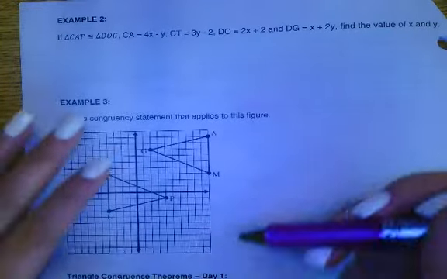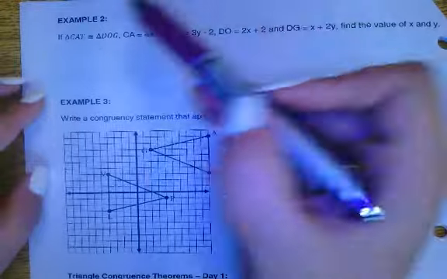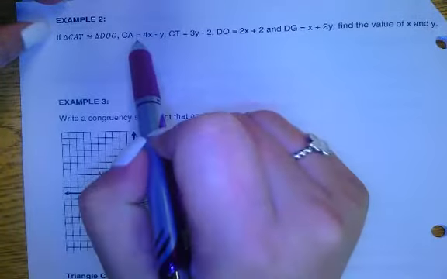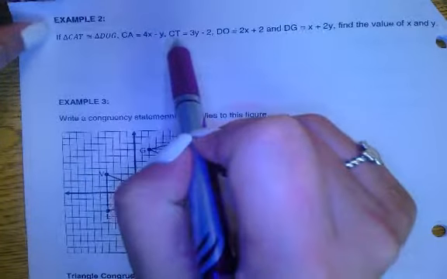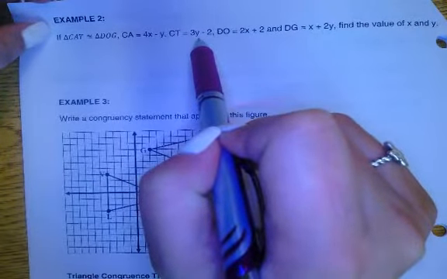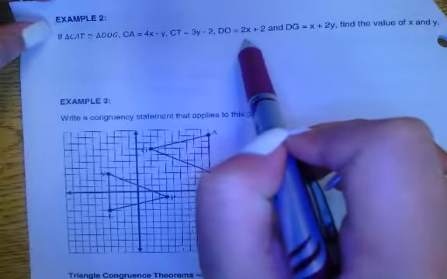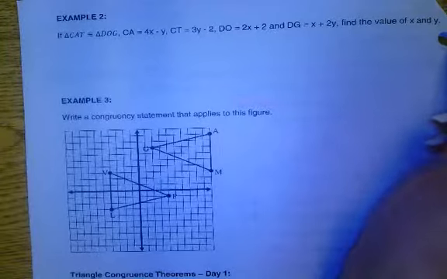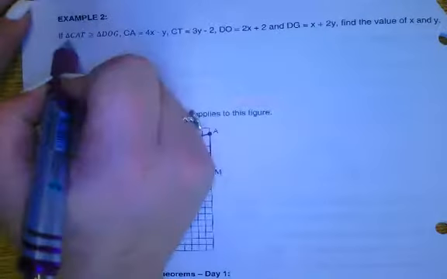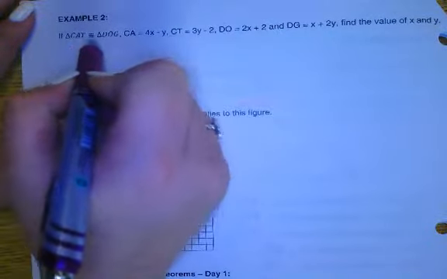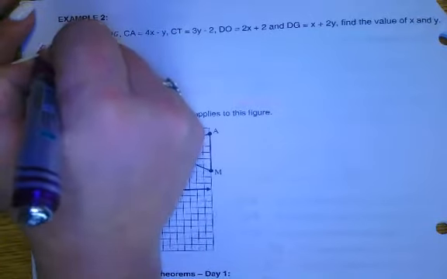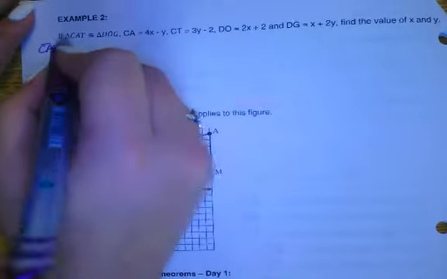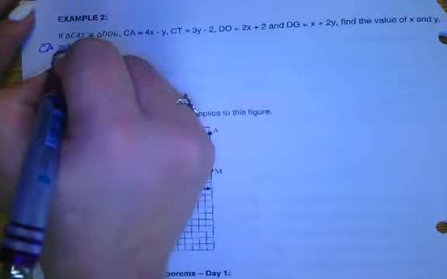Example 2. If triangle CAT is congruent to triangle DOG, CA equals 4x minus y, CT equals 3y minus 2, DO equals 2x plus 2, and DG equals x plus 2y, find the value of x and y. Based off of our congruency statement, we know that CA equals DO.